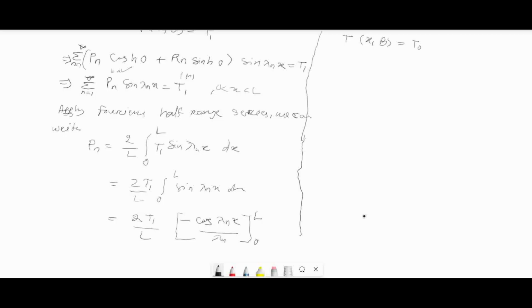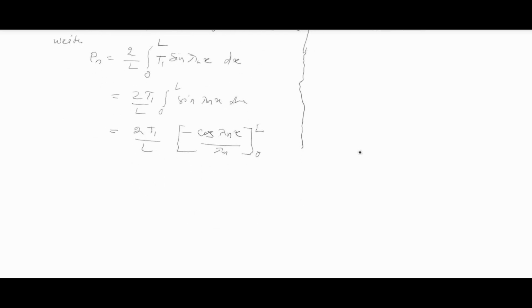Now lambda n should be taken out. And what will you get? 2T1 by L lambda n, times minus cos(lambda n x) from 0 to L.